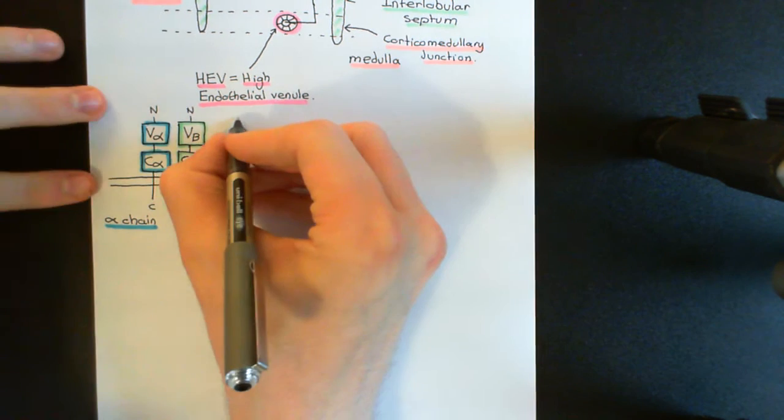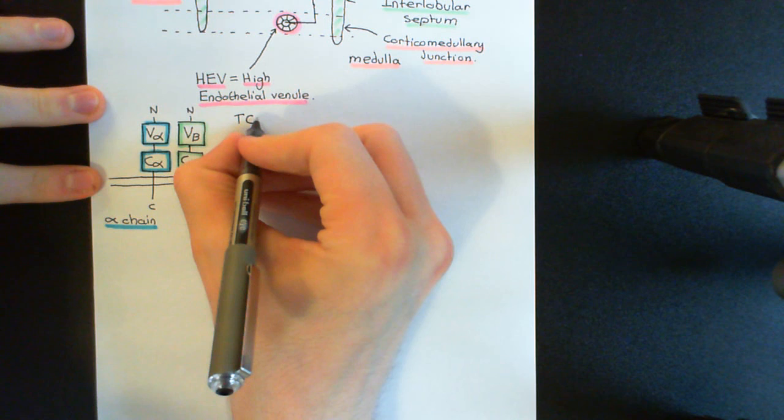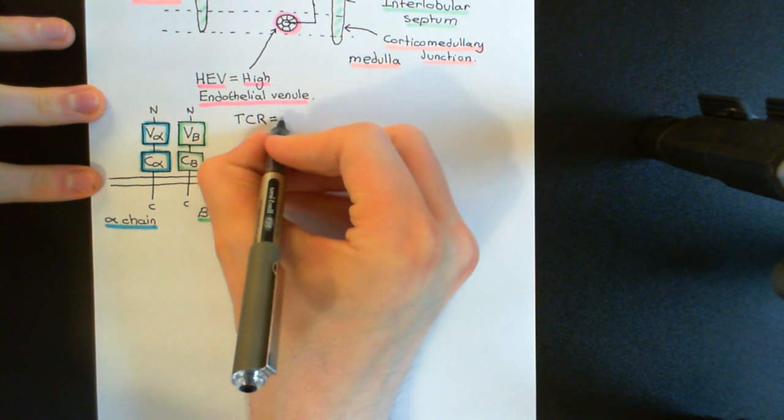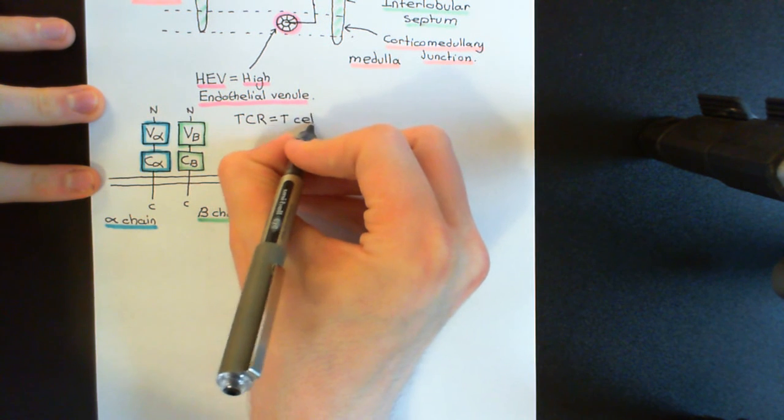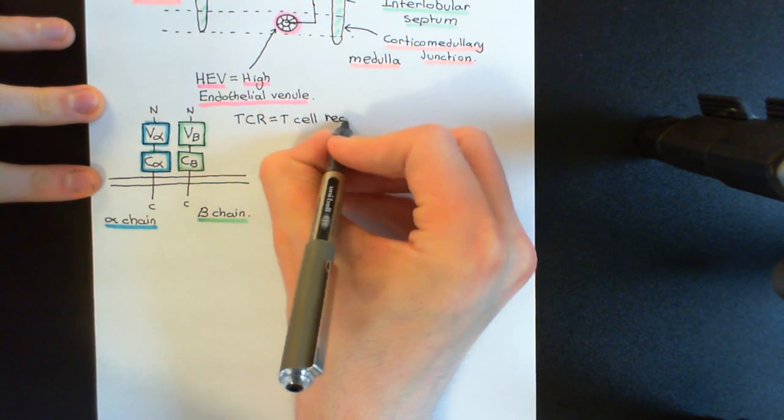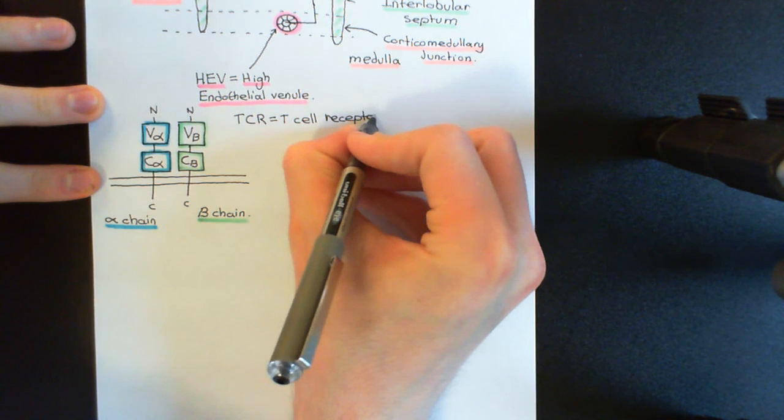So this is how T cells are specifically tailored against a certain peptide fragment. This receptor is known as the T cell receptor, and for short, the T cell receptor is often abbreviated down to TCR.